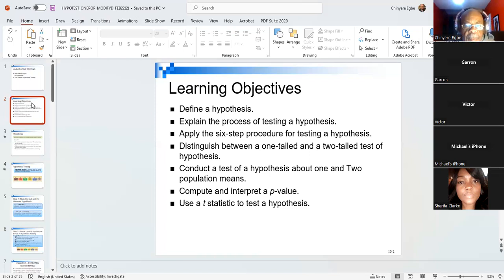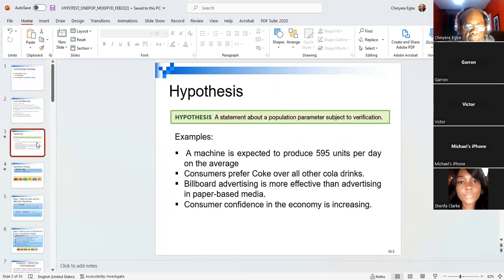We're going to explain the process of hypothesis testing as we did last time, and there is a 6-step procedure for hypothesis test. For example, this is where you define the problem. When you define the problem, you define the hypothesis, you say exactly what you are looking for.